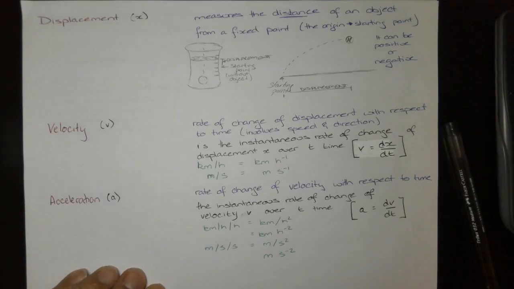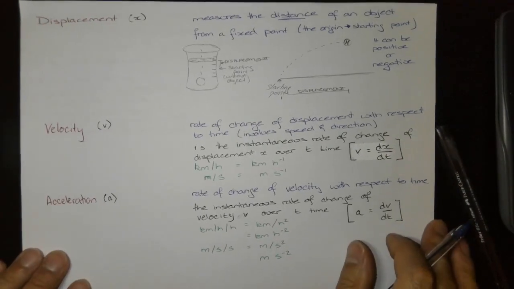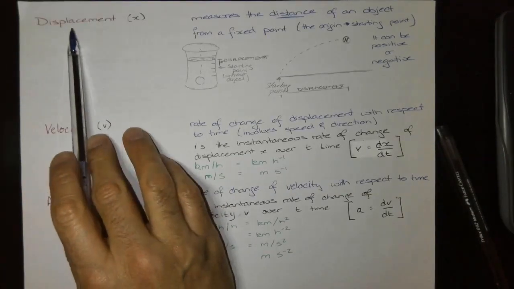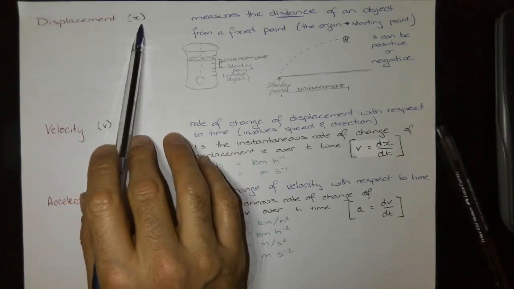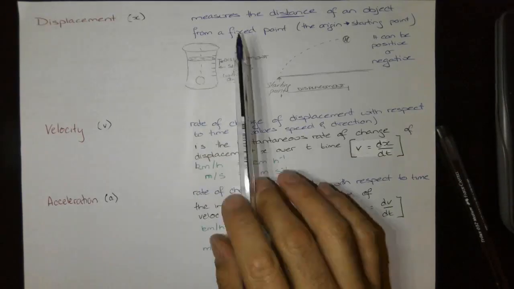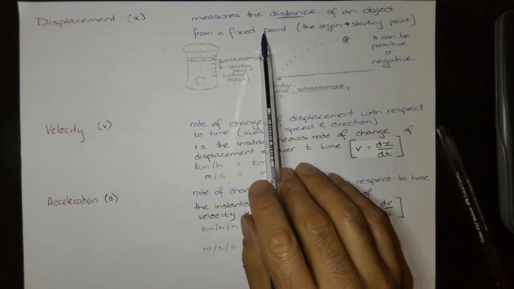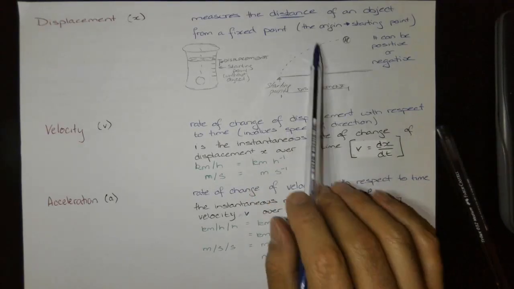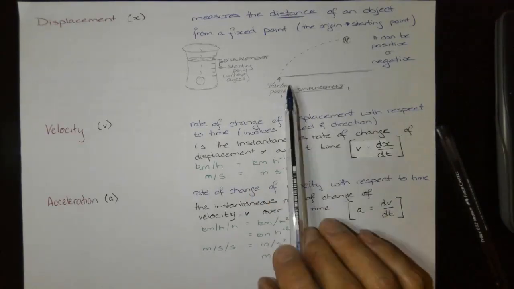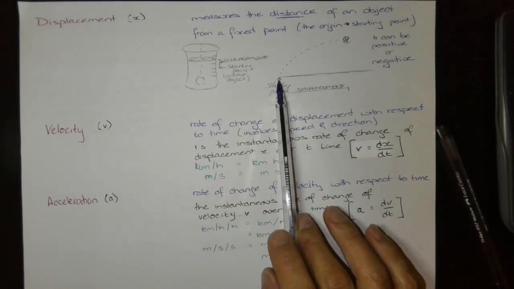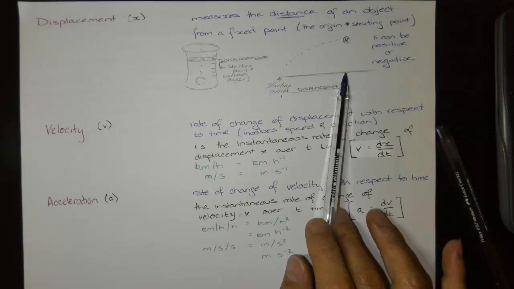So some keywords that we need to understand. We need to understand displacement. And displacement is usually represented by the letter x. It measures the distance of an object from a fixed point, from the starting point. It can be positive or negative. So imagine that we have a ball, it starts at 0 and we throw it, the distance becomes that displacement.